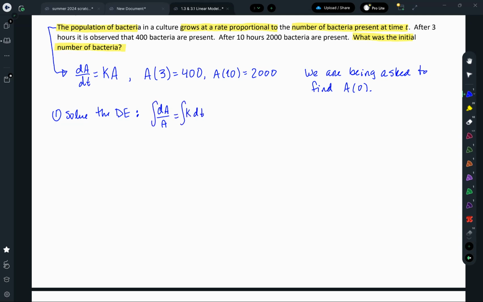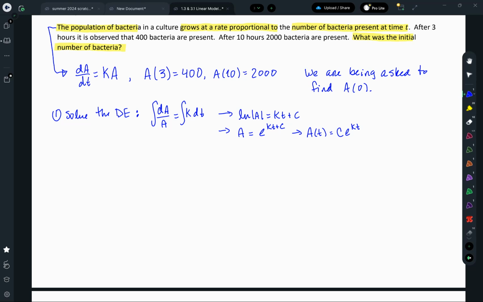We could put our integral symbols on it, and then this would lead us to the natural log of the absolute value of A is kt plus C, which in turn gives us A is equal to e to the kt plus C. Or, in other words, we have A of t is equal to C e to the kt. Now remember, we do not know the value of A at time equals 0, so we're not going to be making assumptions on what C is right now. We're going to leave C as C, okay?